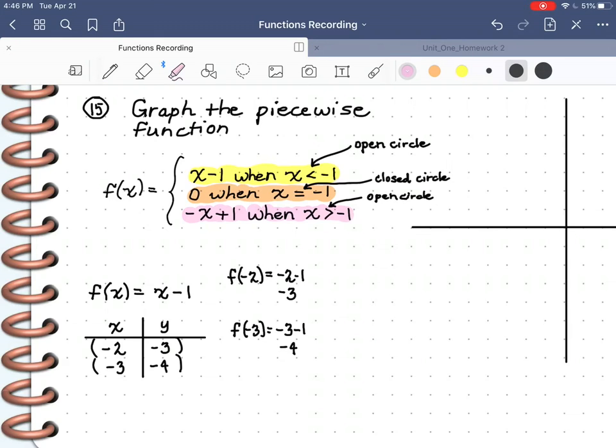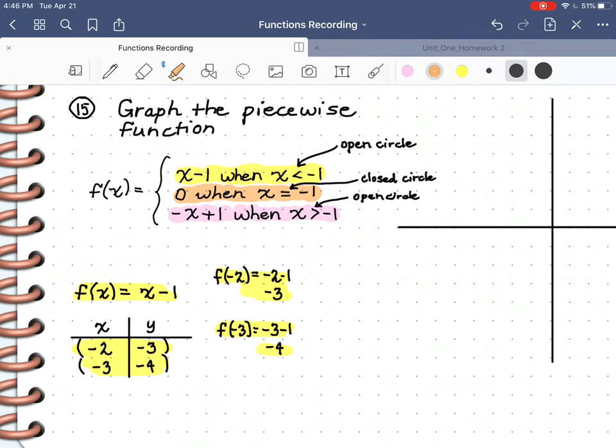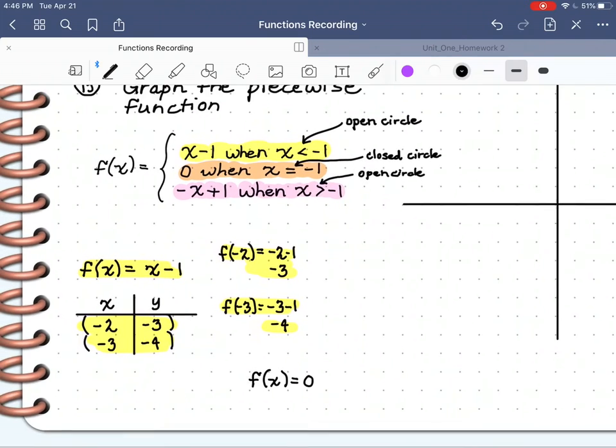And I'm going to keep my colors going. That is still the first piece of this piecewise function. Okay. The orange piece is pretty straightforward because it gives us the actual value. The function is f of x is 0 when the x is negative 1.